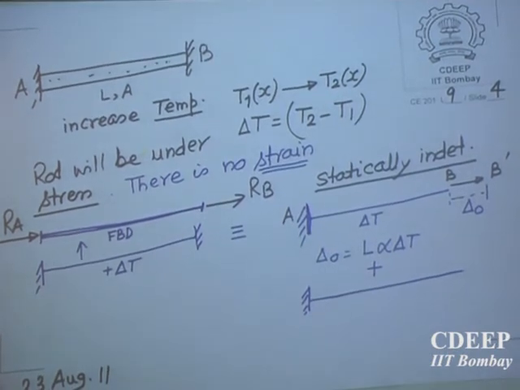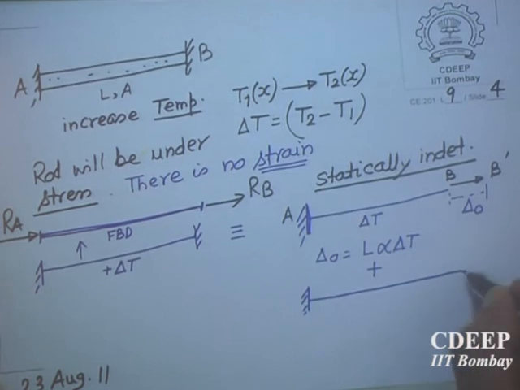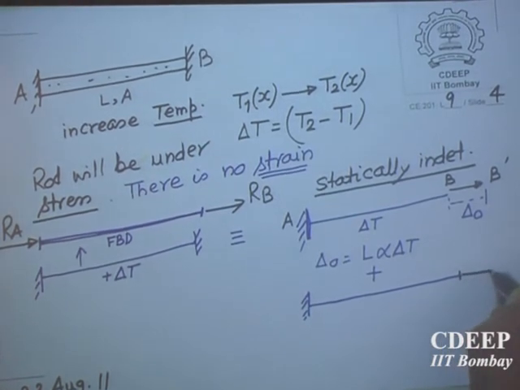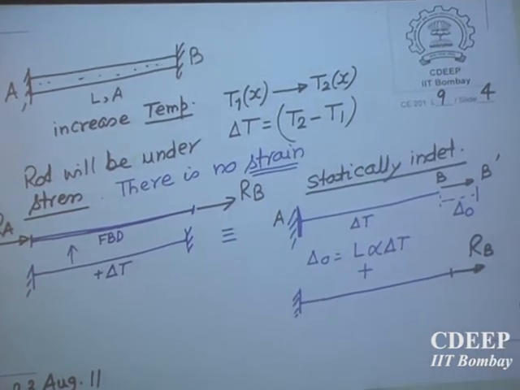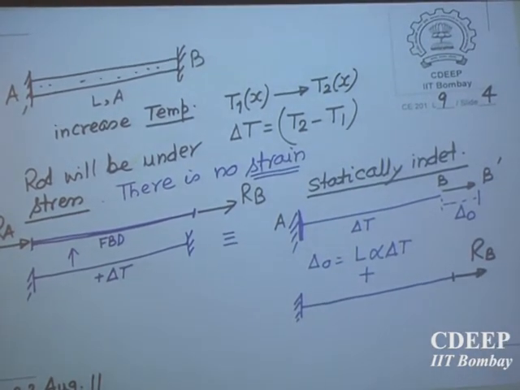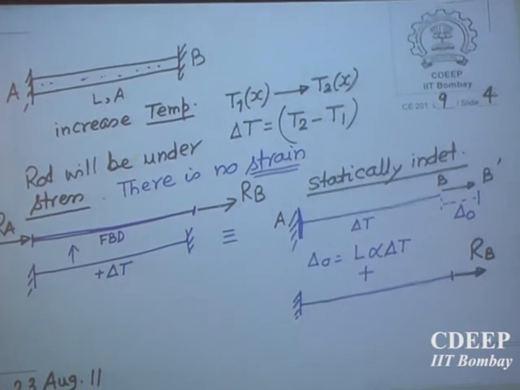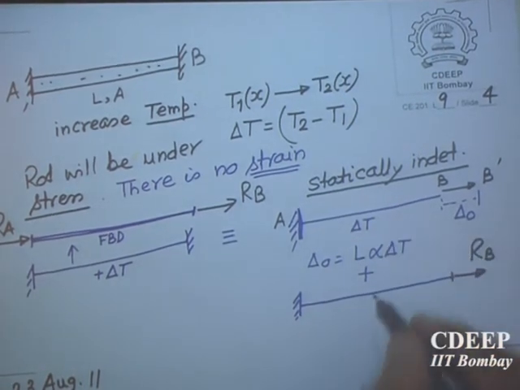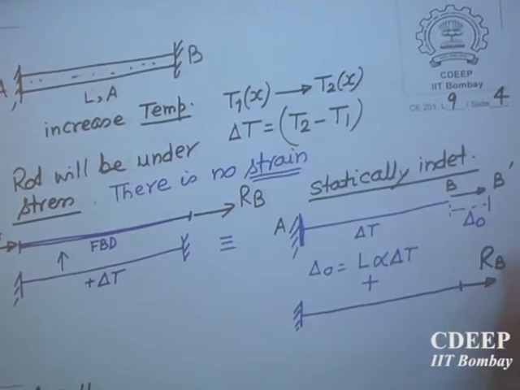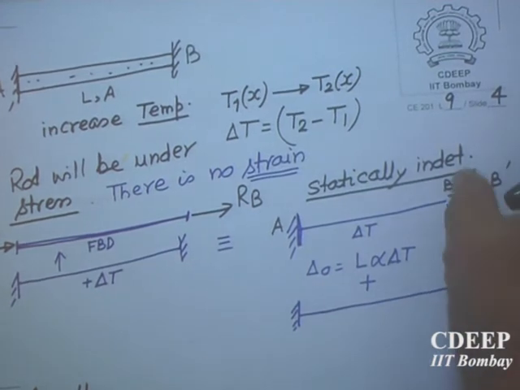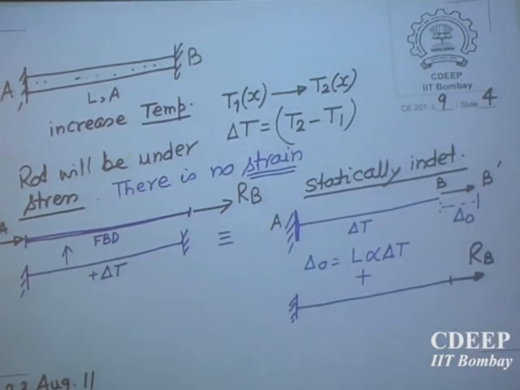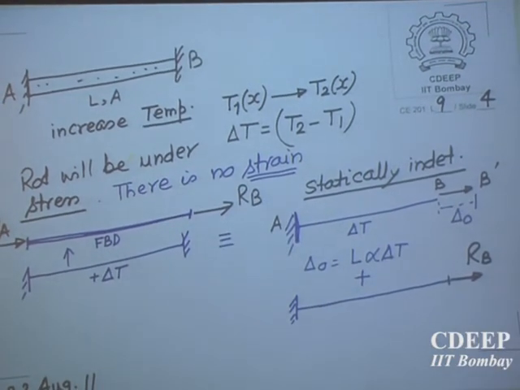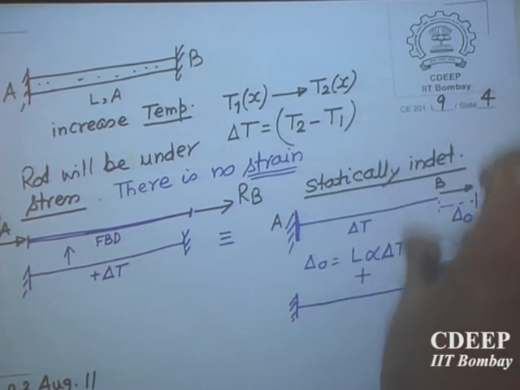So I will put here again RB, let there be an unknown reaction RB there. And I will solve this problem plus this problem in such a way that I will set the displacement at the other end, B end, to be 0. I will superpose solution 1 and solution 2.